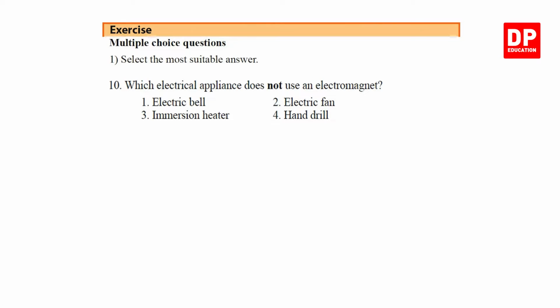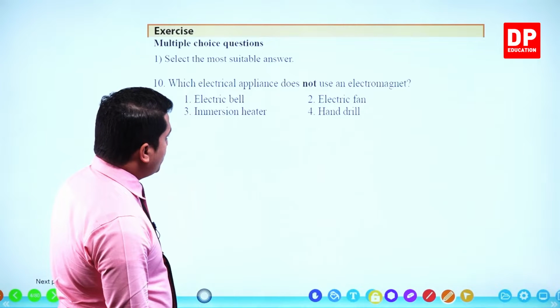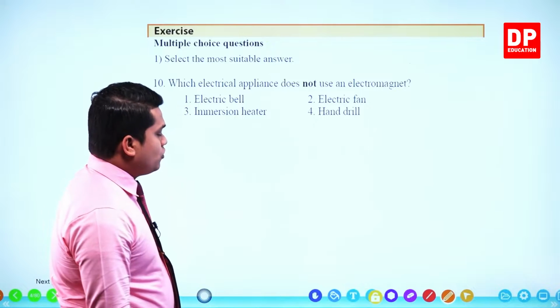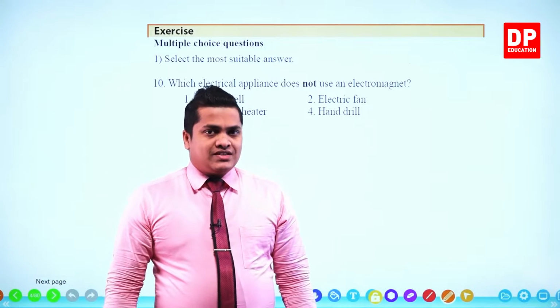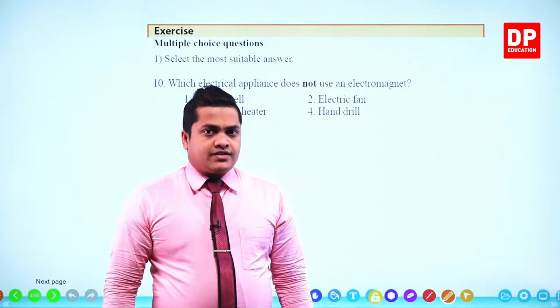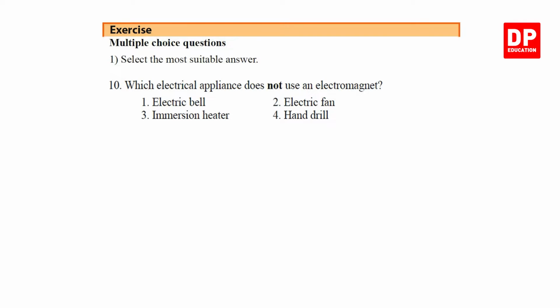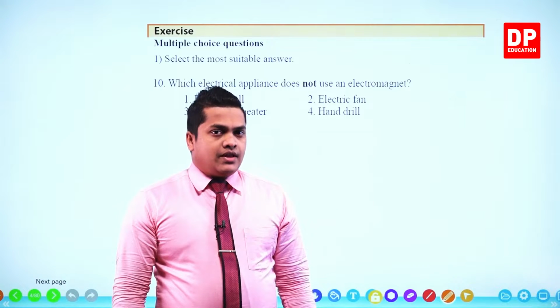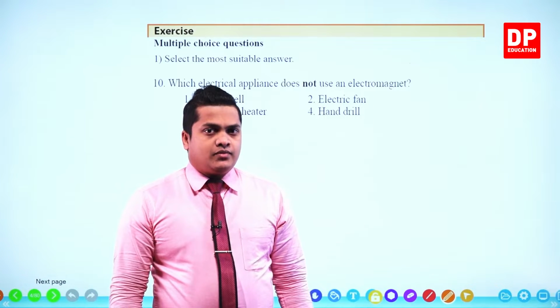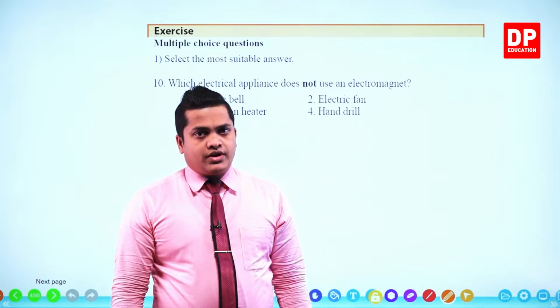the final question. Which electrical appliance does not use an electromagnet? Now most of the time, my dear children, motors are utilizing the magnetic effect. Magnets are utilized in motors, right? By placing a magnet, or magnet is really important for motion.